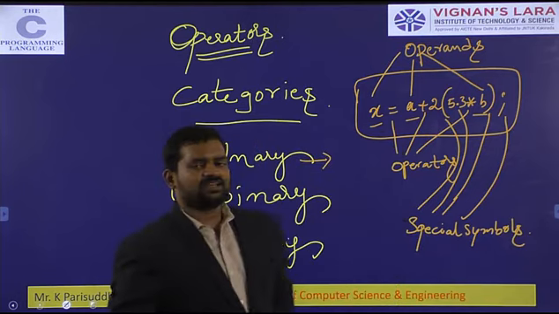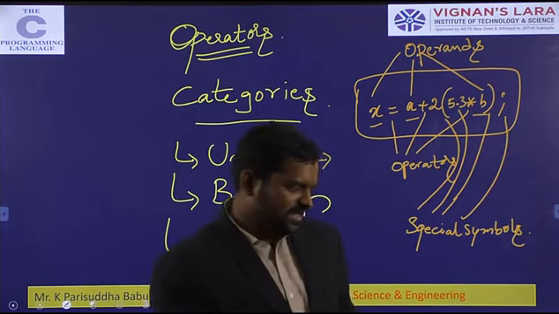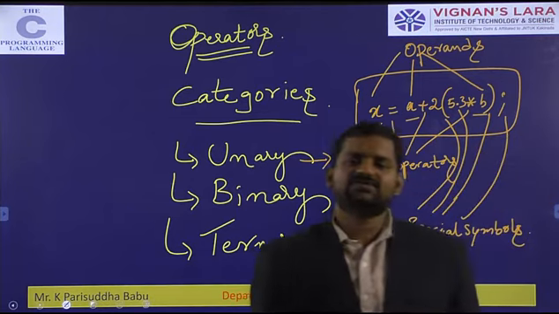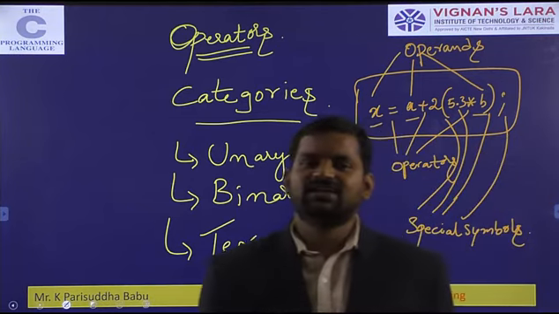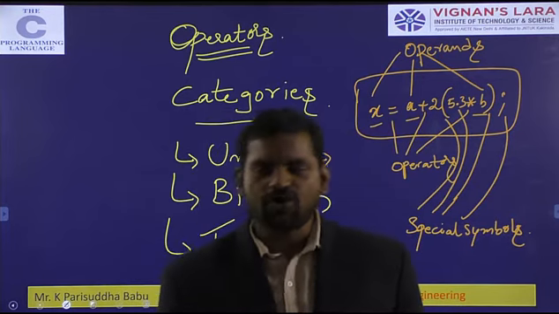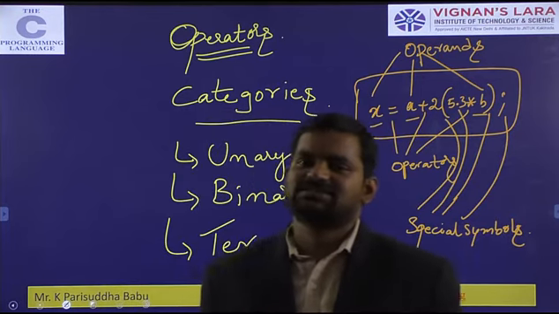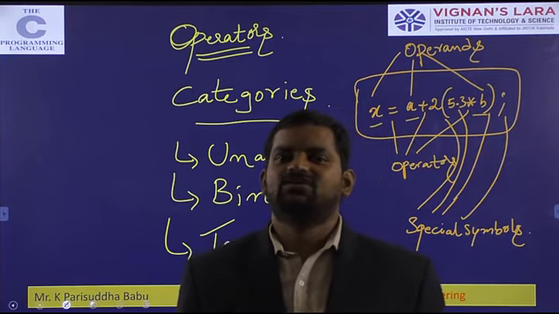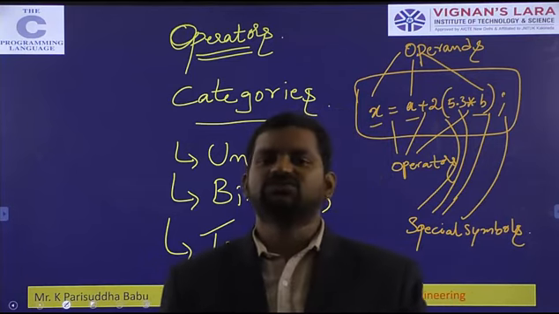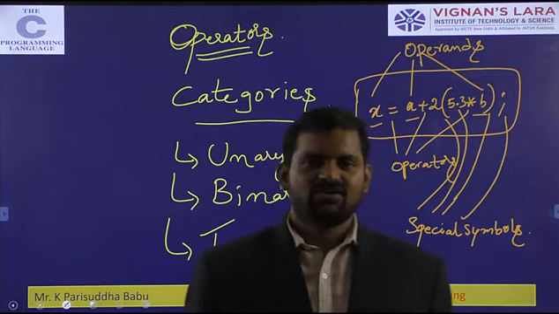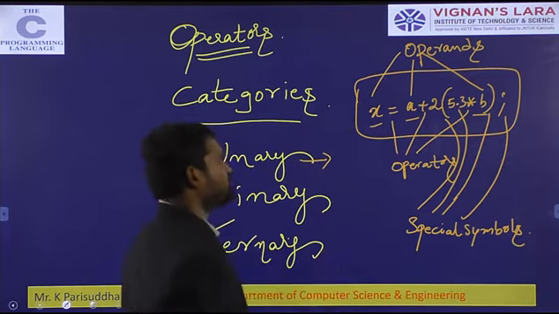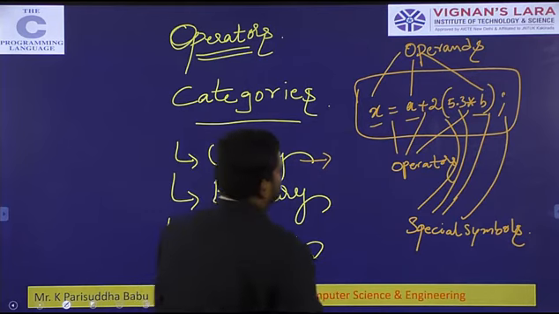An expression is a statement which is available in the C language. An expression contains operands, operators, and special symbols. After every expression is evaluated, we get a value. How it evaluates, we will see in the next classes.